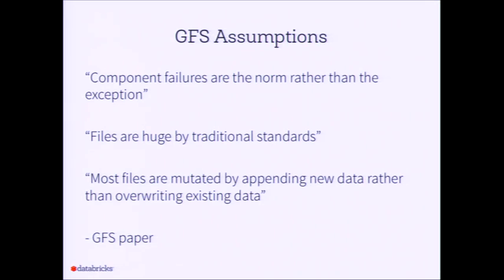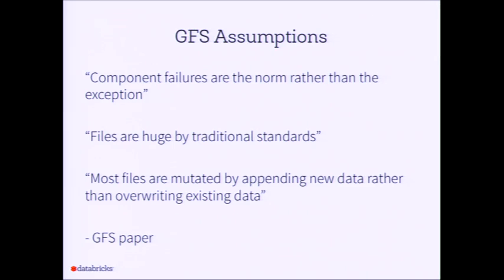But for the first three assumptions, the first one is that at Google scale, component failures are no longer exceptions. They are the norm that happens every day, every hour. Second, files are huge by traditional standards. On your laptop, you might have a single picture in the hundreds of kilobytes.